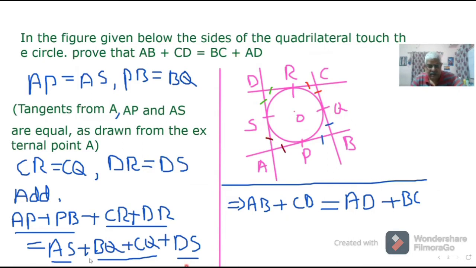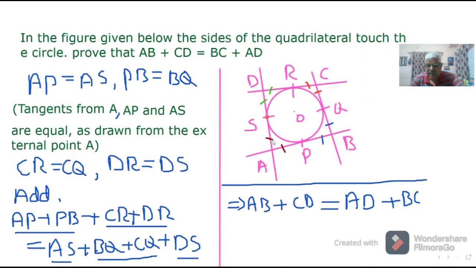Together, observe in the diagram, AP plus PB can be written as AB. Next, in the same way, CR plus DR can be written as CD. Next, coming to the right hand side, AS and DS I grouped.